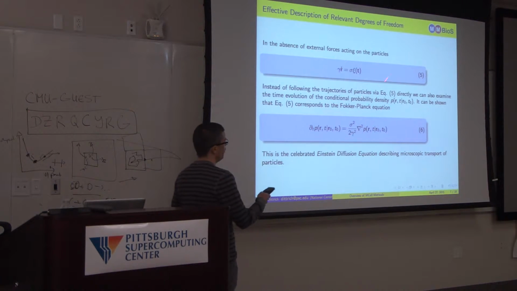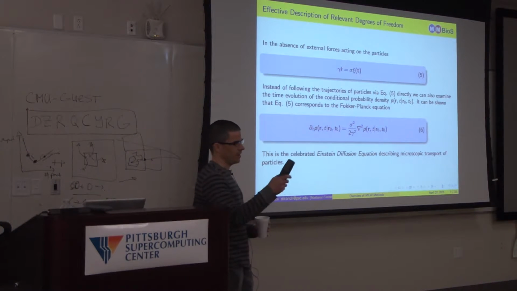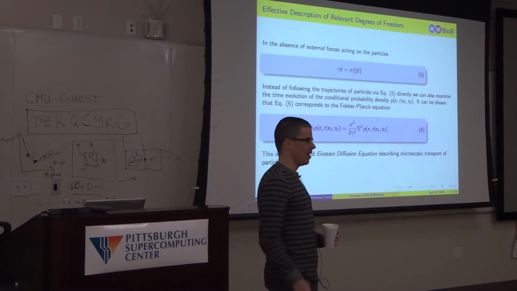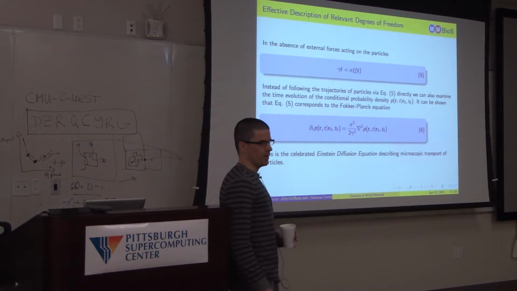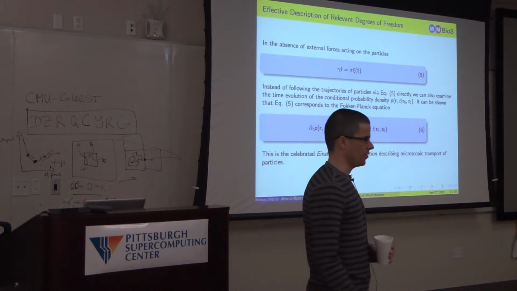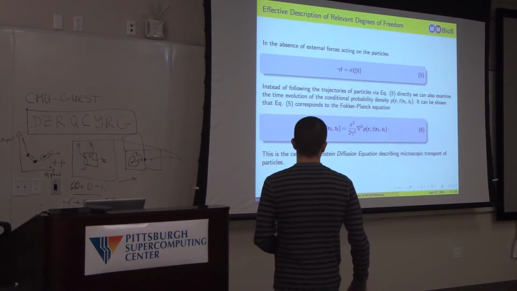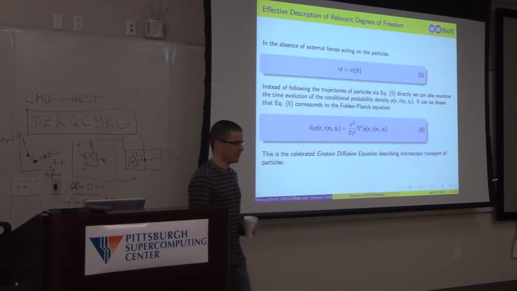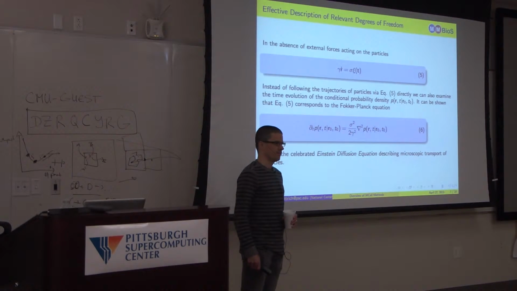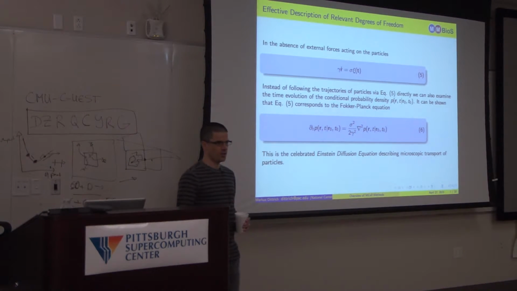With MCell, we take a different approach, and it's actually equivalent or corresponds to this equation. So instead of following every particle in space as a function of time, we ask a different question. We use a probabilistic approach. We ask the question, given that a particle is right now here at this time, what's the probability for it to be here at a later time? This is the kind of question we ask in MCell.